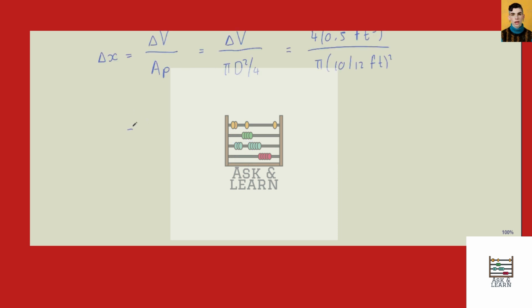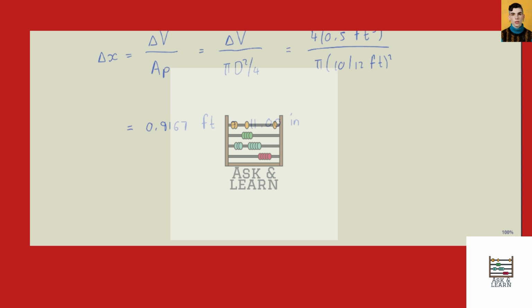And so we get the distance by which the spring will increase to be 0.9167 feet, which is 11 inches.